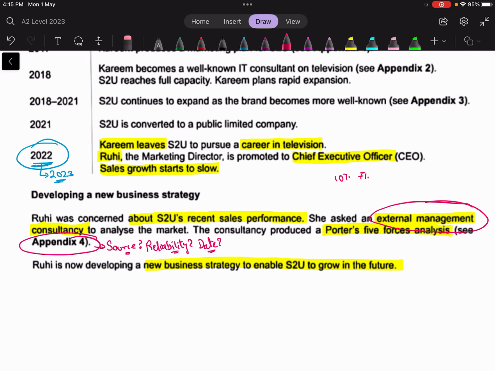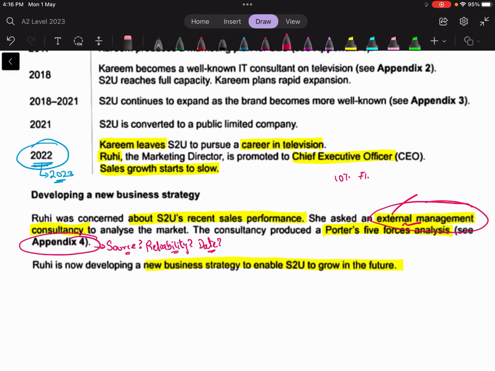That brings us to the question, to what extent can this analysis be relied upon? And not just that, but you're not given the sources through which this external management consultancy produced this analysis. Did it use market research? If it used market research, was it primary? Was it secondary research? And what was the reputation of this external management consultancy? Is it a new business?